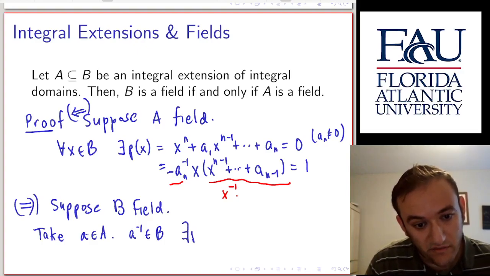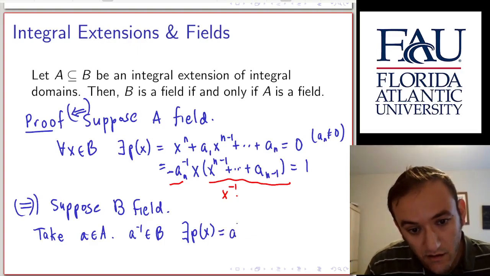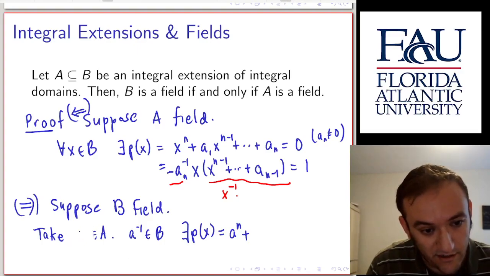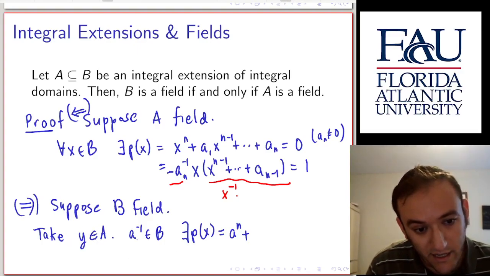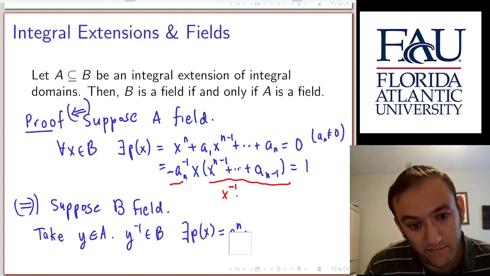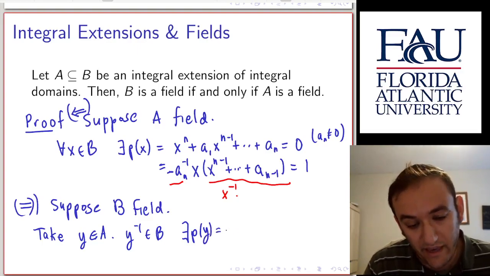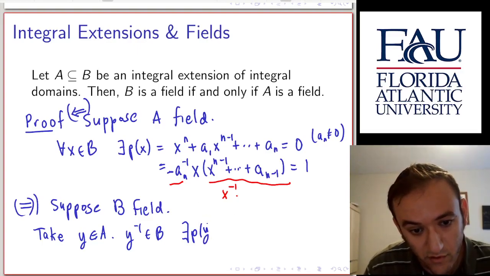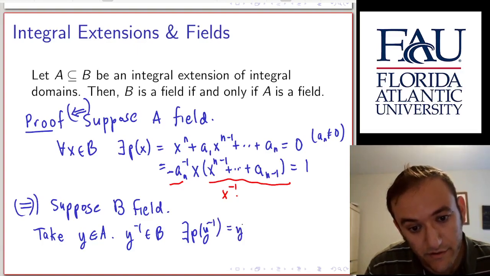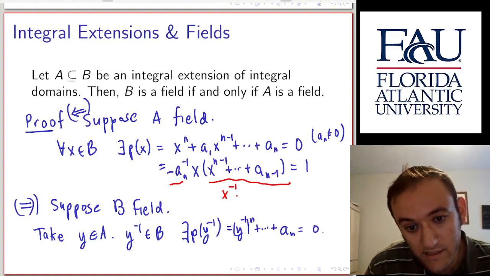So there exists P of x equals a to the n plus, oh, you know what, let's use a different letter. Let's call it y. y in A, y inverse in B, and we'll make this P of y. So we have P of y inverse. So y inverse to the n plus up to an equals 0.